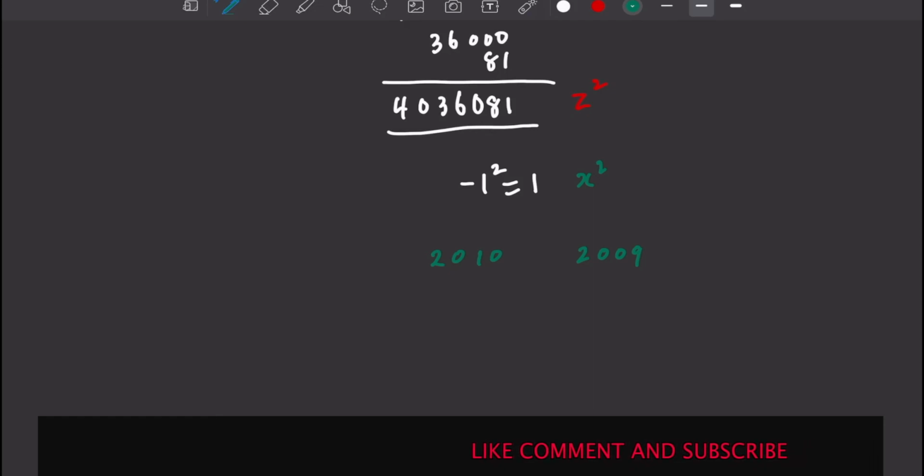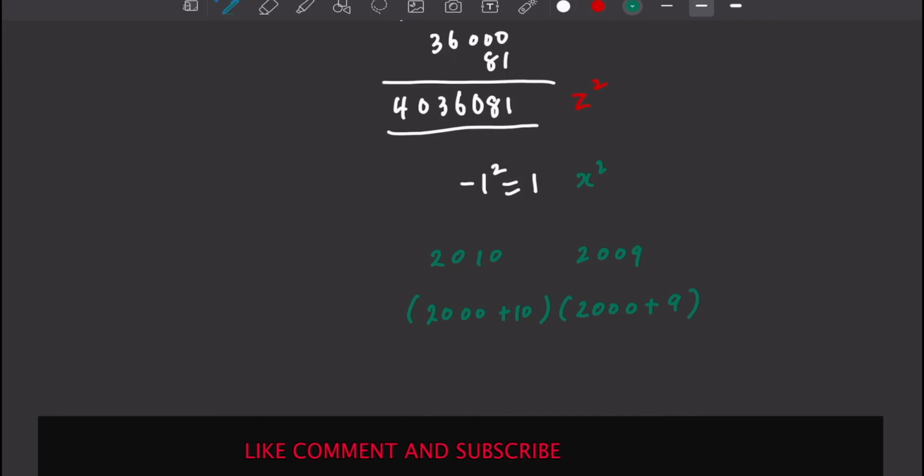So we're going to do 2000 plus 10 into 2000 plus 9, and then we're going to have to add 1, and then we're going to have to double it.